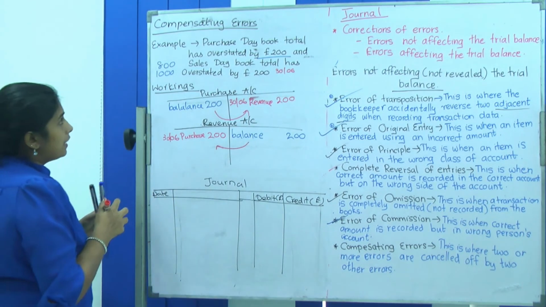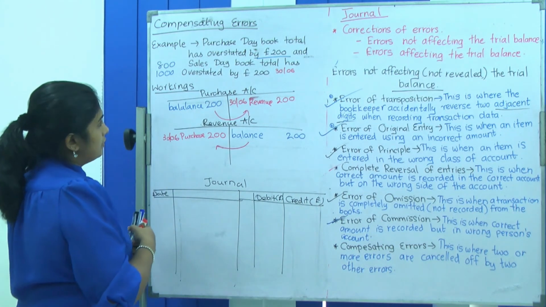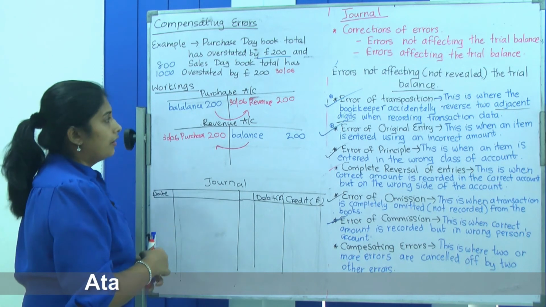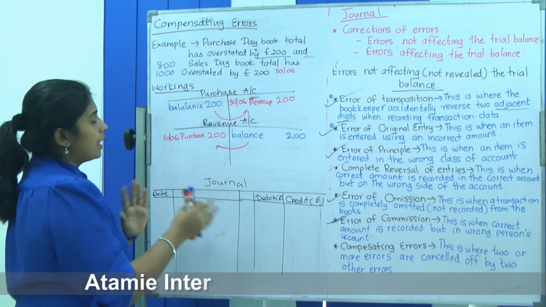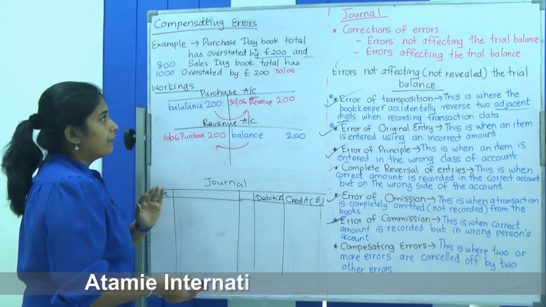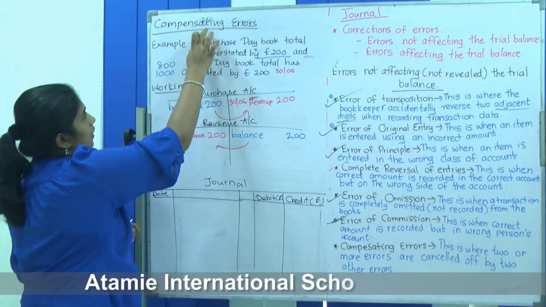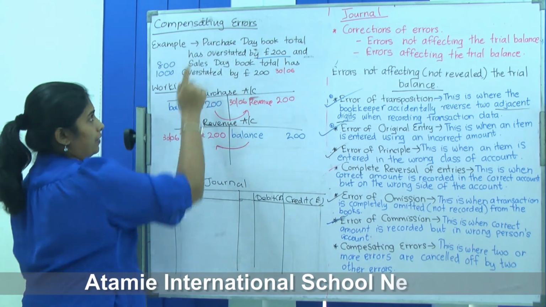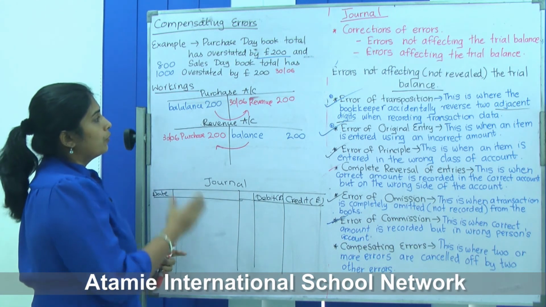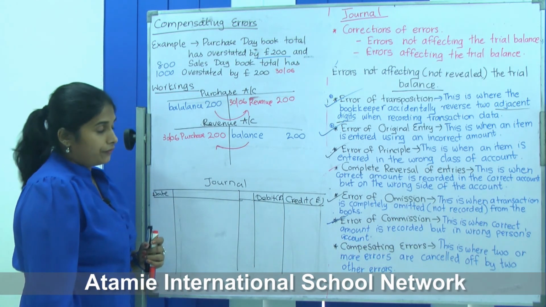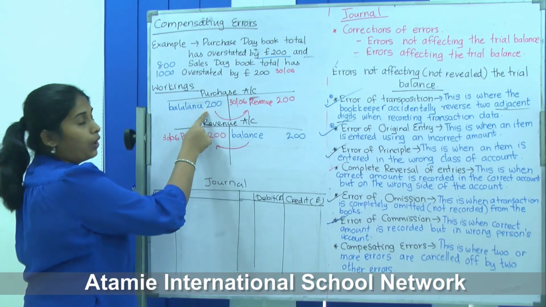So this error type occurs when the exact amount of errors are there in two different accounts but on opposite sides. If those two same amounts are able to set off or cancel each other, then that error comes under compensating errors. To correct that, you have to record them on the opposite of the T accounts. Now purchases has been overvalued by 200.